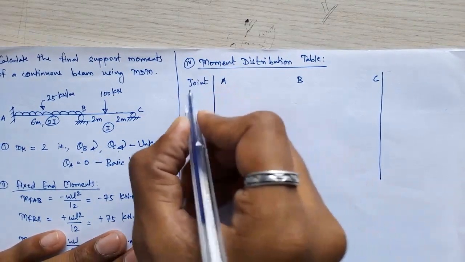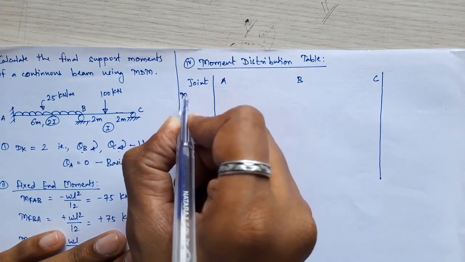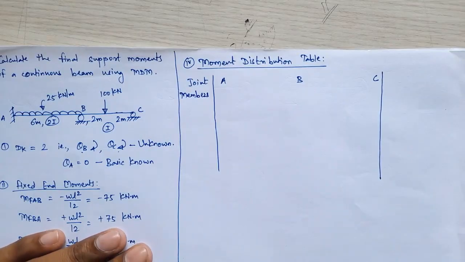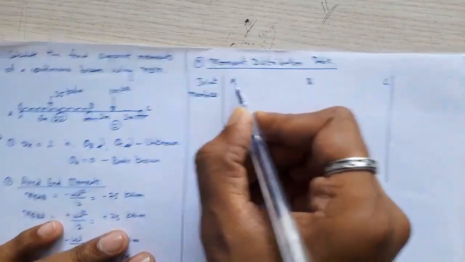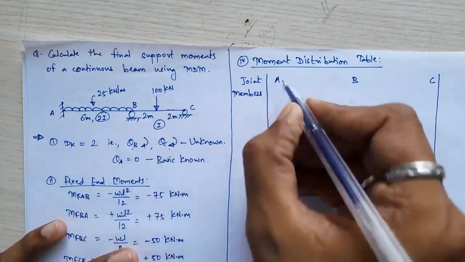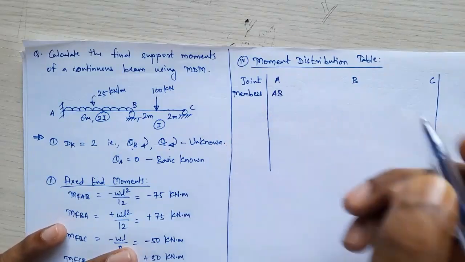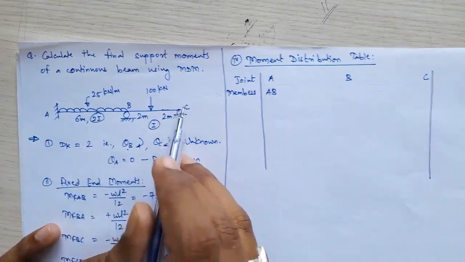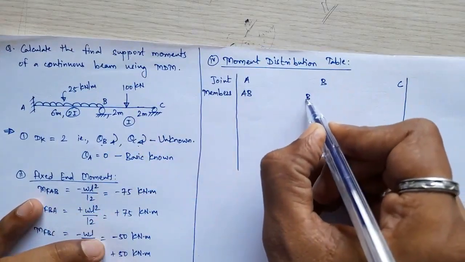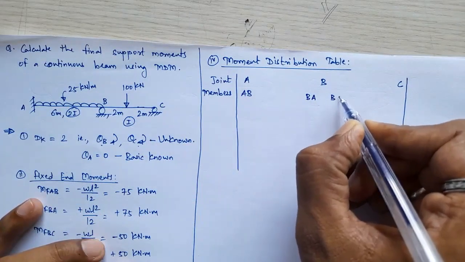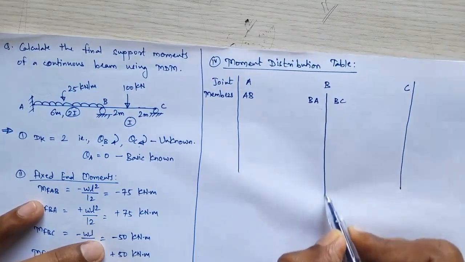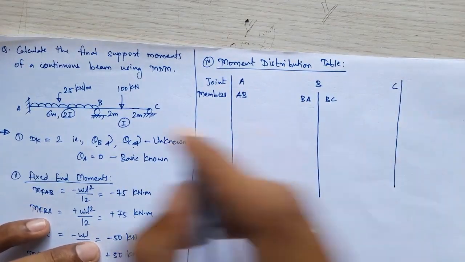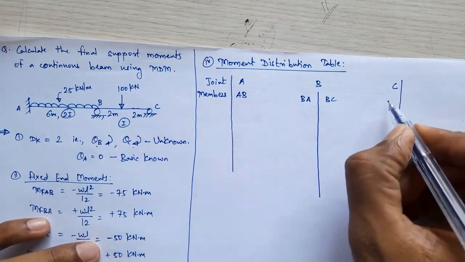Okay, next after the joint, you have to consider the members meeting these joints, all the members. So the member meeting joint A is your AB member. Now for B you are having two members, first is BA and second is BC. So here I am writing BA and second member I am writing as BC. Getting? Then for joint C, you are having only one member, that is CB.